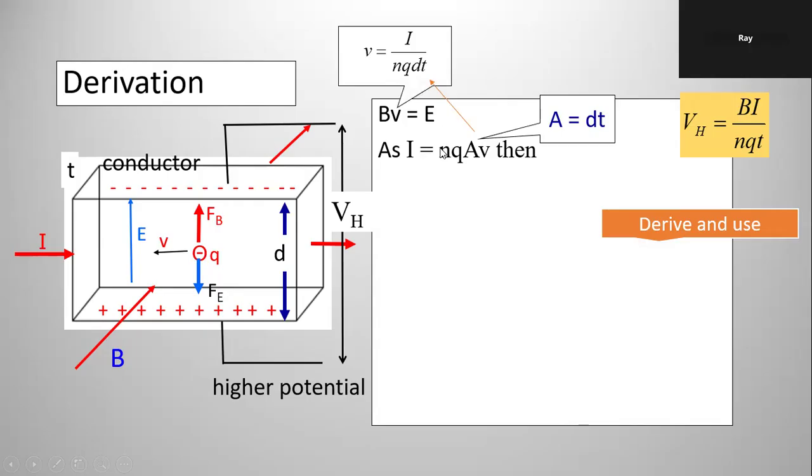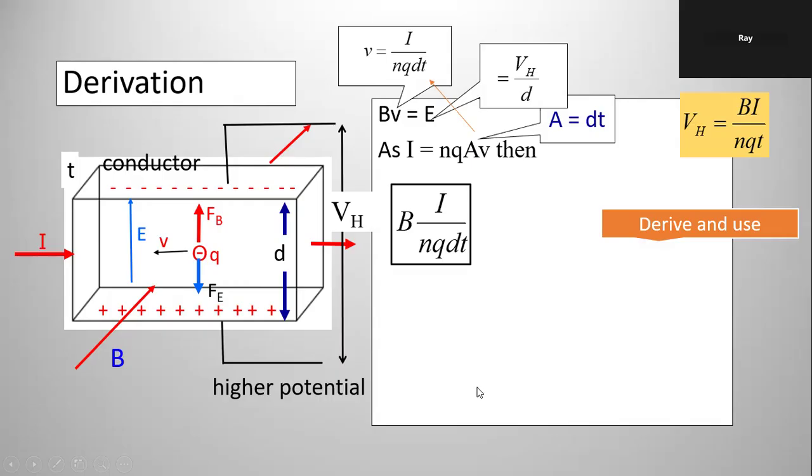From this equation we can get V. V equals I over NQA, and A is your dt. E is VH over d. Replacing the V there, we get BI over NQ dt equals VH over d. The d and d cancel off, and we get the equation.